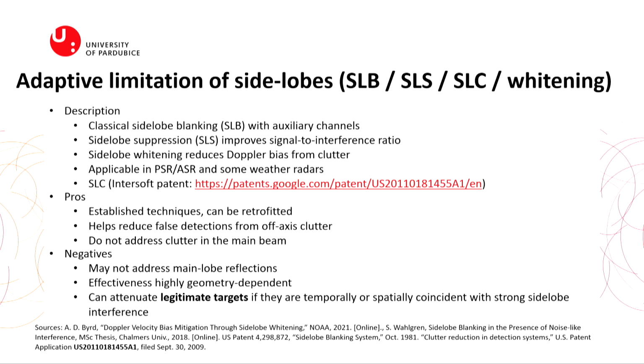And then we have side lobe suppression, it is the SLC technique. And then we have the side lobe cancelling technique. And then the last one is the whitening technique. So they are all similar techniques that are based on side lobe operation.